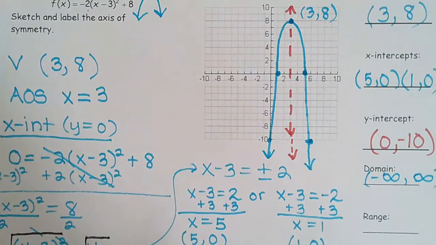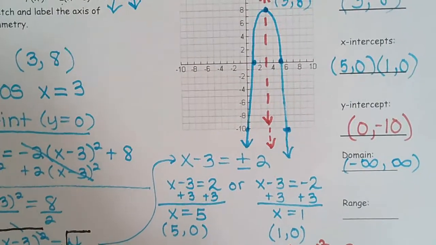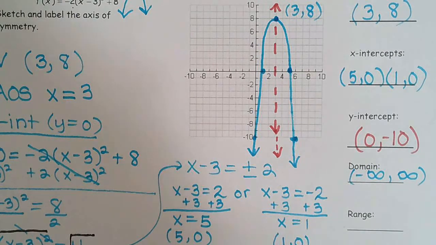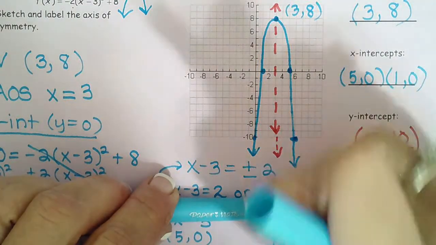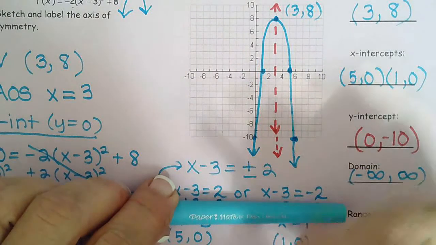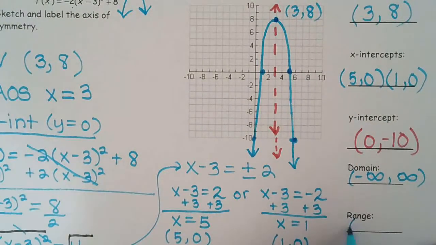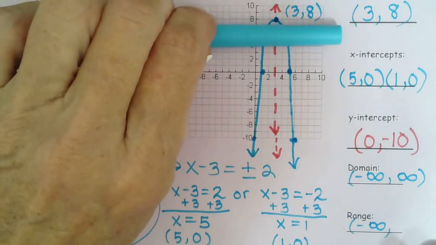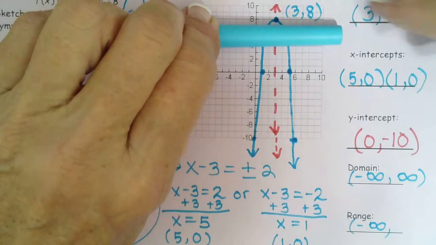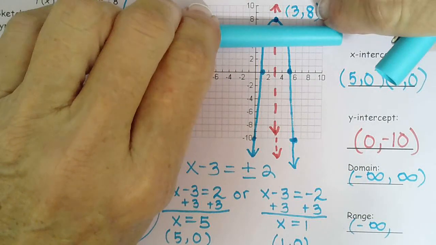The range, you have to do your pencil roll to get it. So we start with the bottom, because we always go bottom to top. I see there's arrows. The arrows tell me it goes down forever, so that means the lowest y value is negative infinity. And the highest y value, and this is why we always mark our vertex, our highest y value is 8.